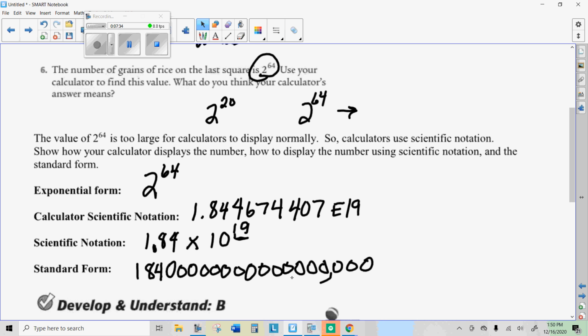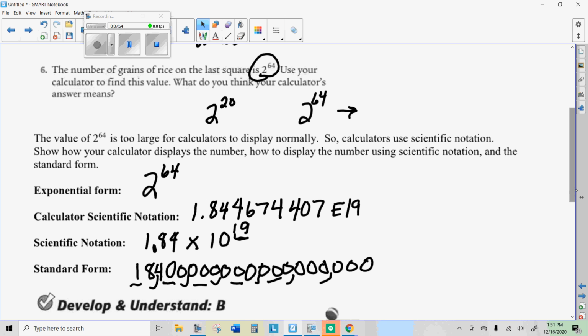All right, and then now remember this is rounded. I got rid of a lot of those decimals, but right here we're in millions, billions, trillions, quadrillions, quintillion, so about 18 quintillion, 400 million grains of rice.